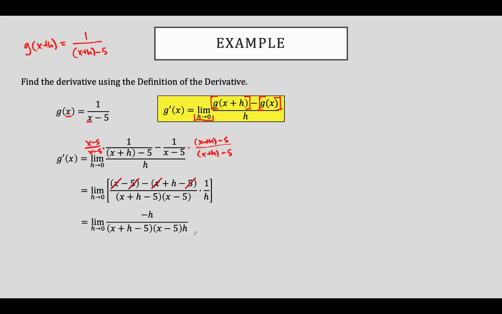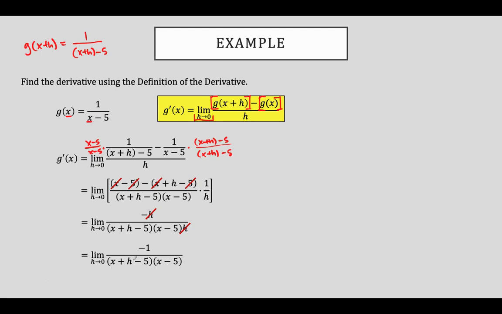Now again, if we try our direct substitution and plug in 0 for h, we still end up with 0 over 0, the indeterminate form. But notice we have a common factor of h and h, which we can divide out. In this case, it leaves us with a negative 1 in the numerator. We have the limit as h approaches 0 of negative 1 divided by x plus h minus 5 times x minus 5.